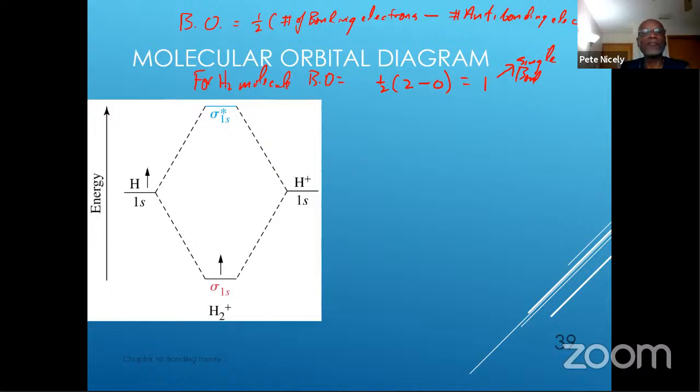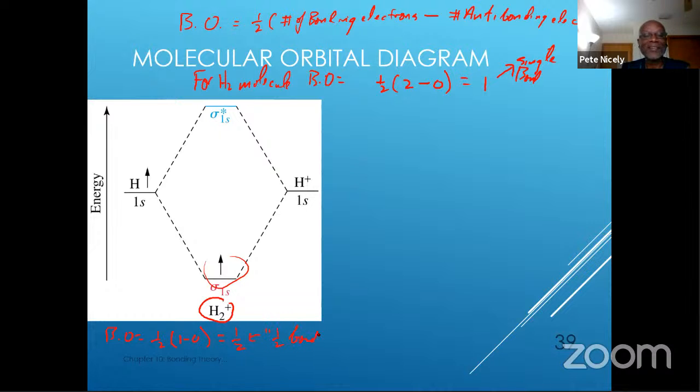Now, in the case of the H2 plus ion shown here, the bond order would be equal to half the number of bonding electrons, which is 1, minus 0. So that would be equal to half. So in other words, this would be, and I'm going to put this in quotations, "half a bond."